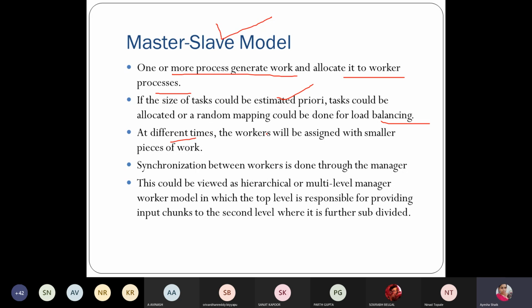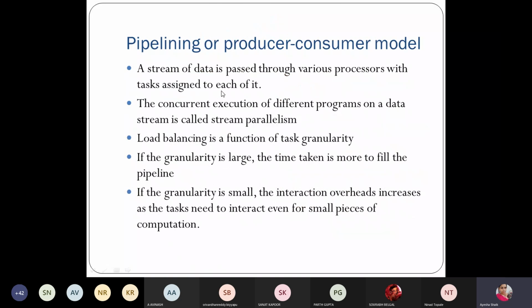At different times, the workers will be assigned smaller pieces of work, and the synchronization will be done by the manager. This also can be seen as the hierarchical or multi-level manager model, where the top level is responsible for providing the input chunks to the second level, where it is further subdivided.